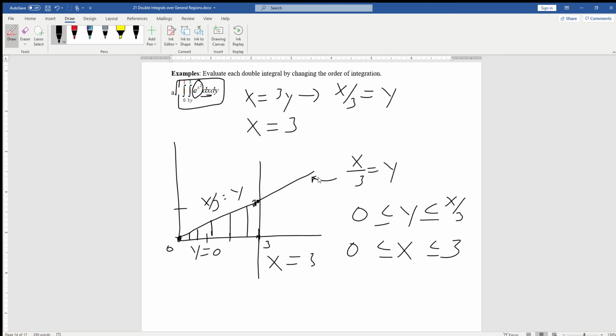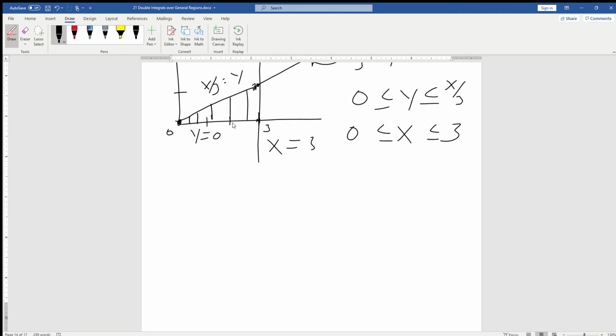We're going to reverse the order of integration and turn this into a type 1 integral. To reverse the order of integration, again, the first thing you want to do is graph. Then take a look at the graph and go from there to reverse the order. We're going to rewrite the integral.